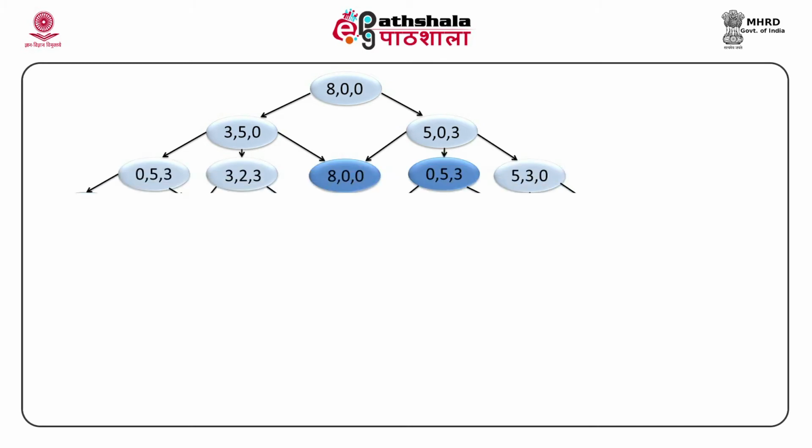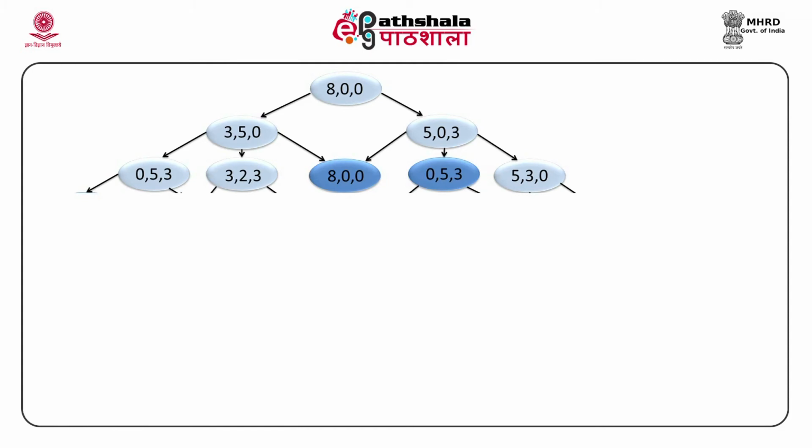Now the second level of the tree: 350 can be converted to 053. What does that mean? I am moving 3 gallons of milk from the 8 gallon jug into the 3 gallon jug, and 323 means moving 3 gallons of milk from the 5 gallon jug into the 3 gallon jug. And the third one, 800, is something which is already generated.